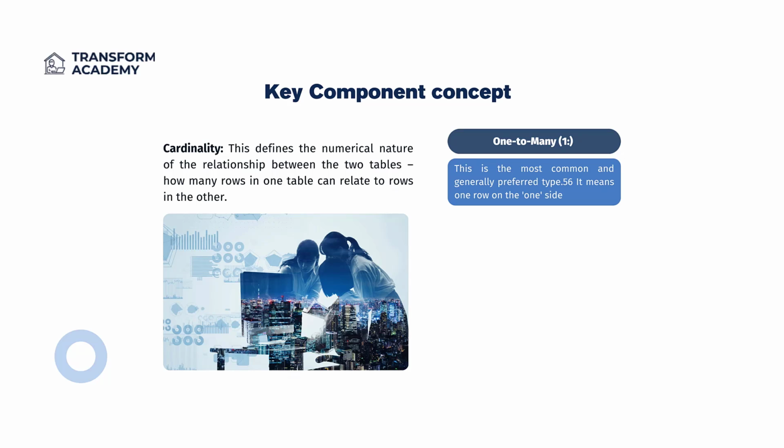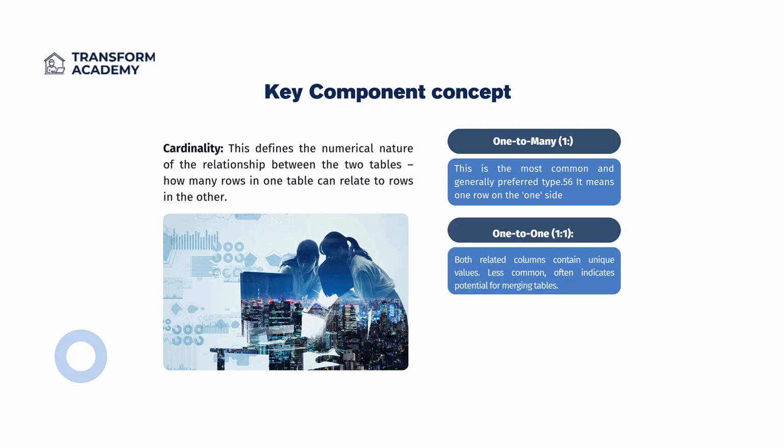But each row on the many side relates to only one row on the one side. A key column on the one side must contain unique values. Power BI usually detects this automatically, but will error if the uniqueness condition isn't met.